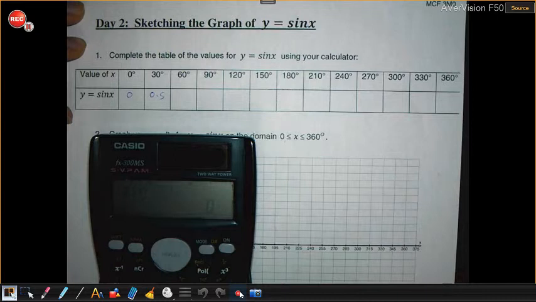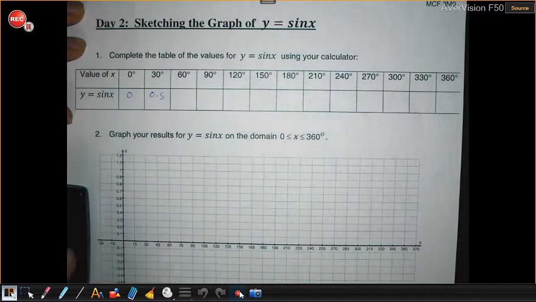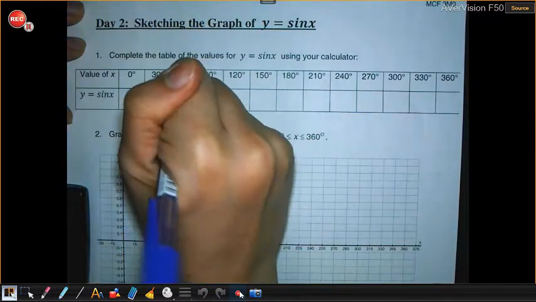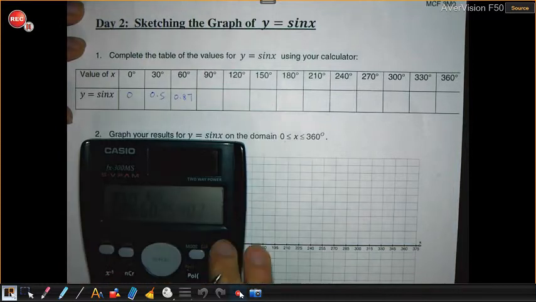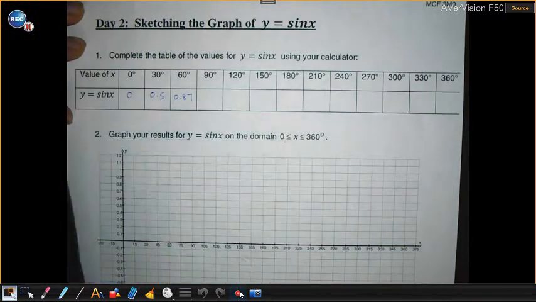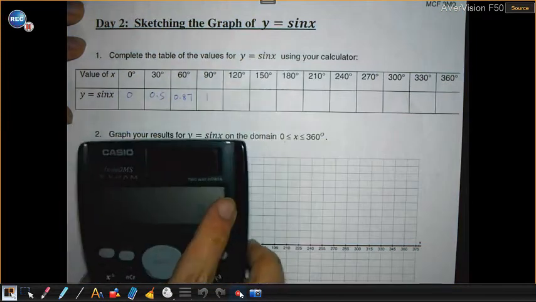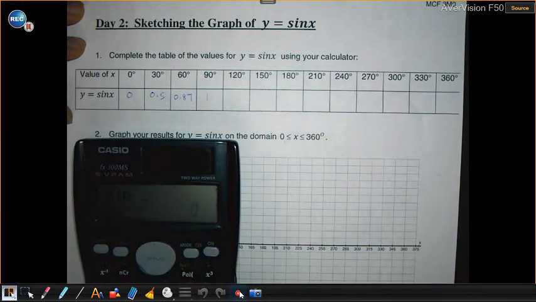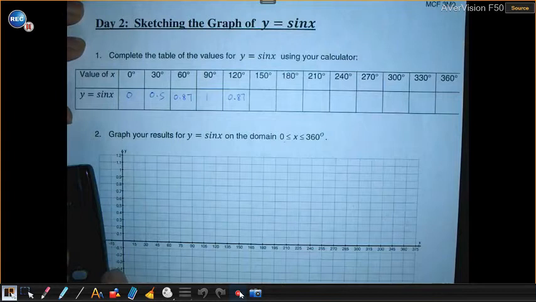Sine 60, and this one I'll just round to 2 decimal places, so 0.87. And then sine 90, we know that equals 1. That's how we check it's in degree mode. Then we just keep going. Sine 120, 0.87. And you just keep going.